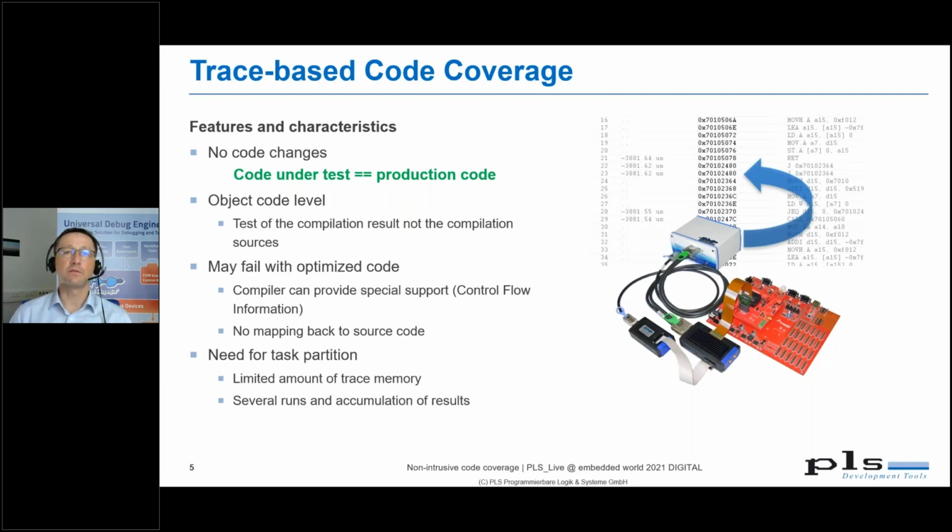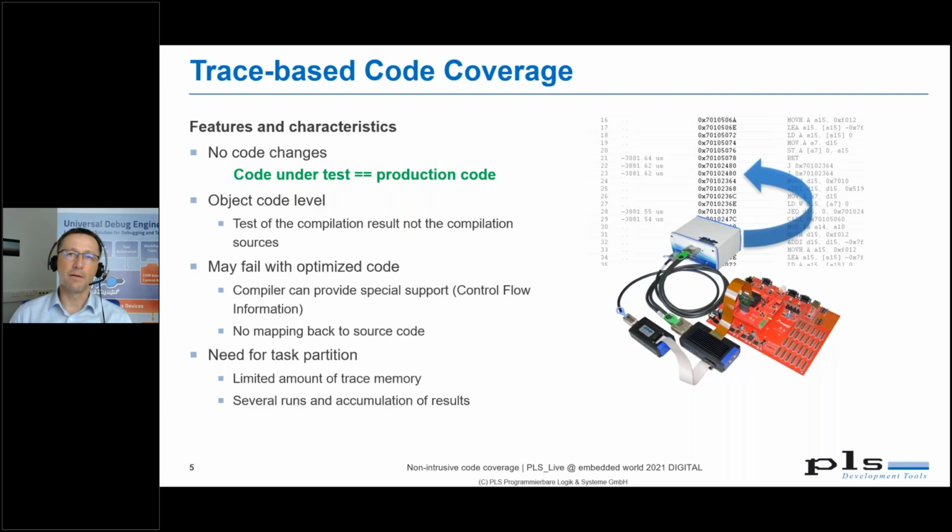But this does not mean that we change the binary of your code. This is completely untouched. These additions are made only to the debug information in the ELF file that is loaded into the debug tool. Due to the limited amount of trace memory, we are on hardware. Don't forget this. We have to partition the measurement of the code coverage into, for example, functions or modules.